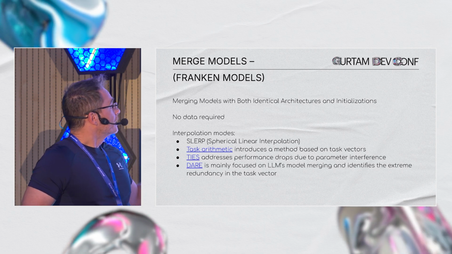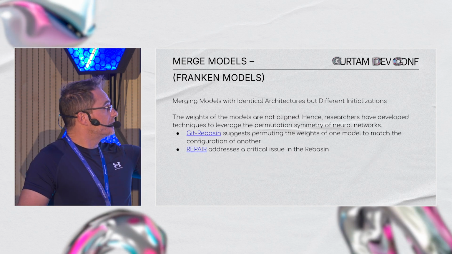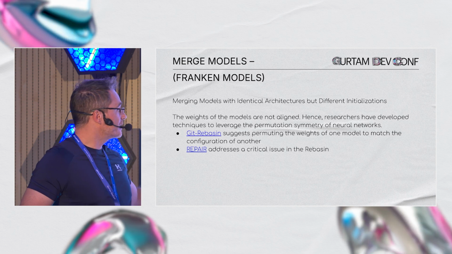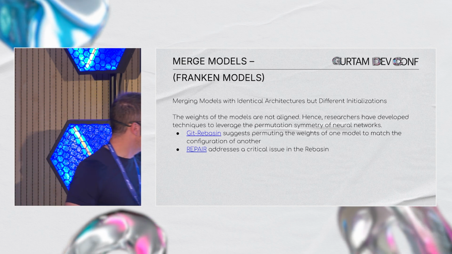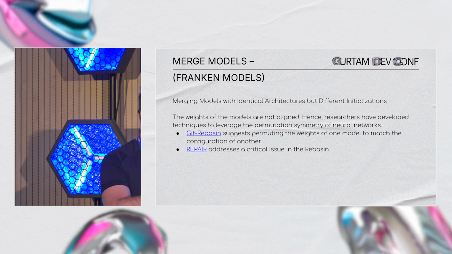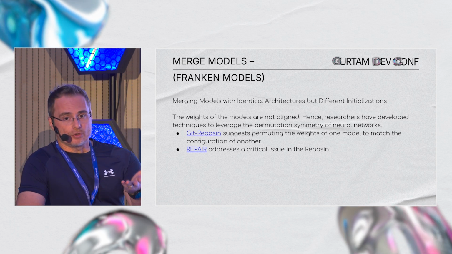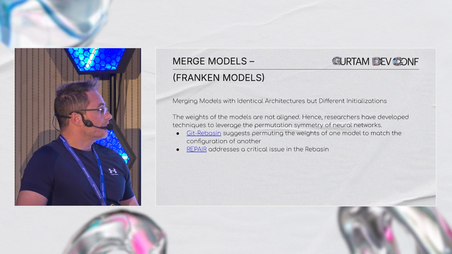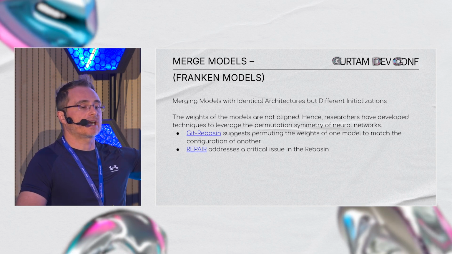Again, this is the case when you have the same architecture but different initialization. In this case, the best technique for me is the first one, which makes a permutation of the weights. But anyway, it's up to you to choose the best one. The good news is that the tool does everything.